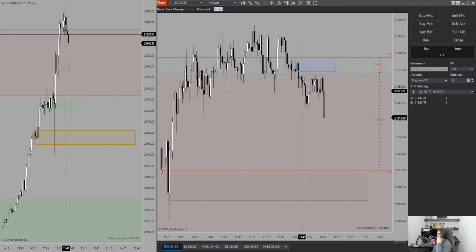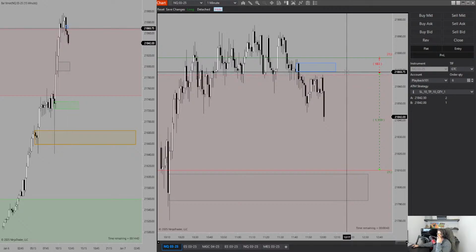Oh, there it is. It took that high. I just not up a little bit farther. I don't like seeing that unmitigated, but it looks like it's not gonna. Damn.